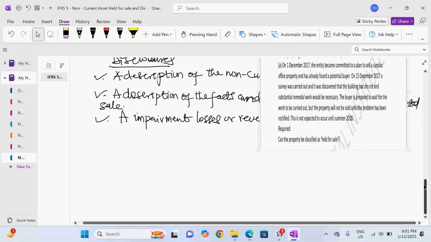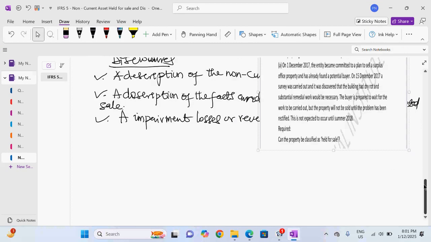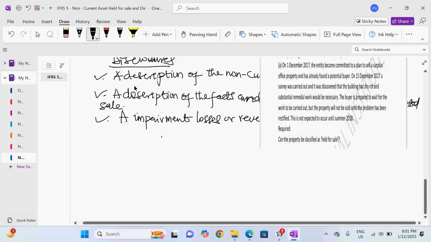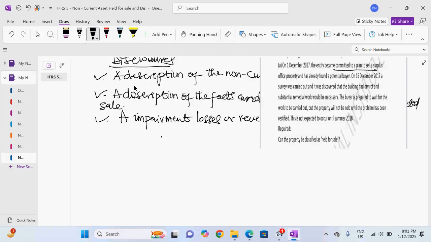All right. So S&D is preparing its financial statements. On 1st December 2017, the entity became committed. Can you see committed, which is one of the conditions, right? Do you remember? Committed to sell a surplus office property and has already found a potential buyer.